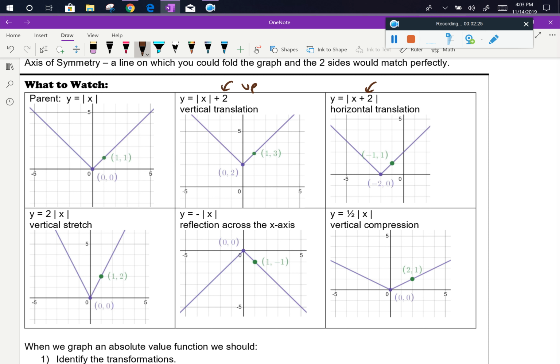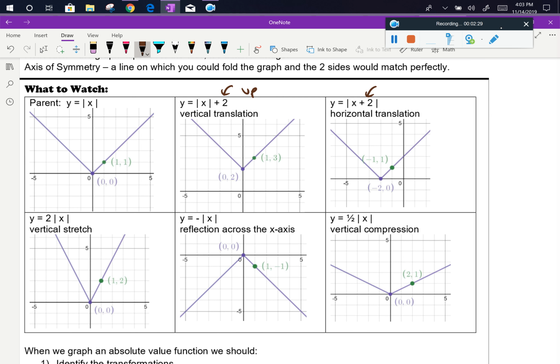This is a little bit connected to the point slope form that we've been studying in this unit. If you imagine this as y equals the absolute value of x minus a -2. Notice the minus is actually going to be part of the formula, the way the minus is part of the formula in y minus y1 equals m times x minus x1.